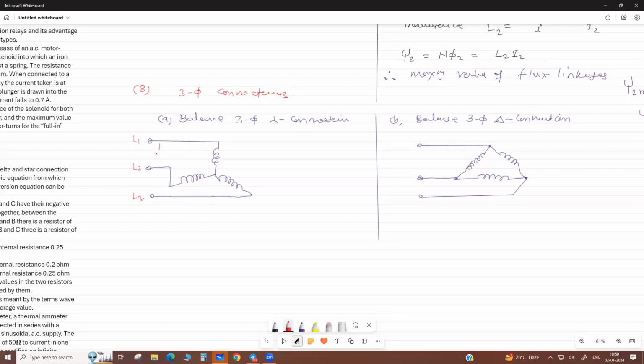The voltage between 2 lines is called line voltage, and current through the line is called line current. The current through these phases is called phase current. And the voltage across each winding, each phase, from the star point is called phase voltage. Between 2 phases or lines, that is called line voltage. So here in a balanced star connection, line voltage equals √3 times phase voltage, and line current equals phase current.